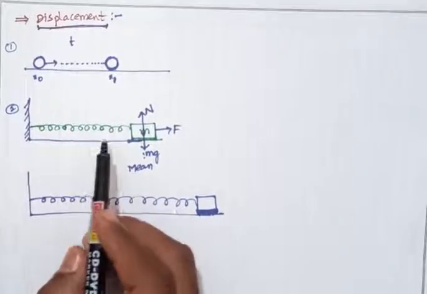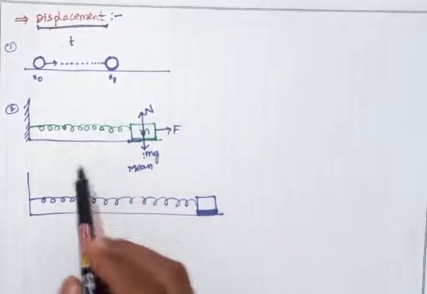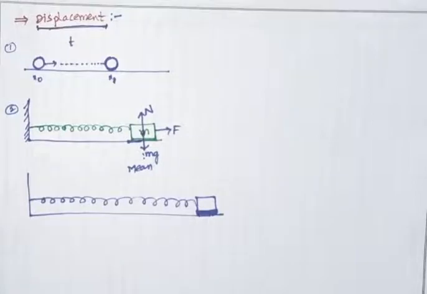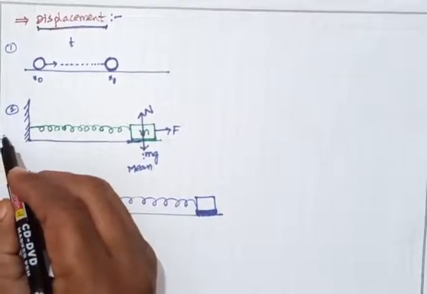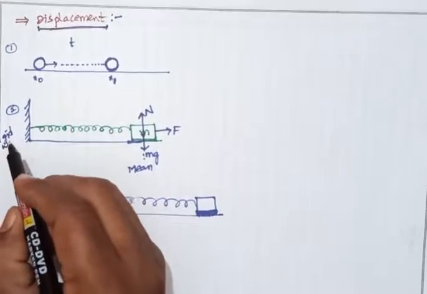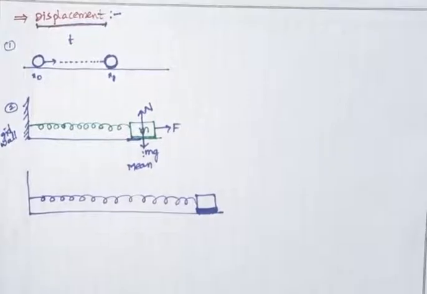Next we can take the second example, a spring. A spring also has to and fro motion, so it is also called oscillatory motion. It is on a frictionless surface.